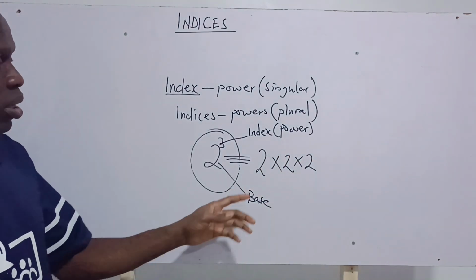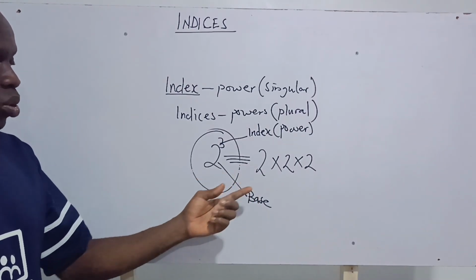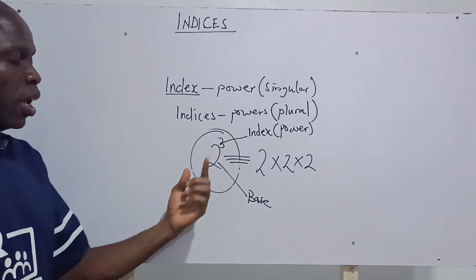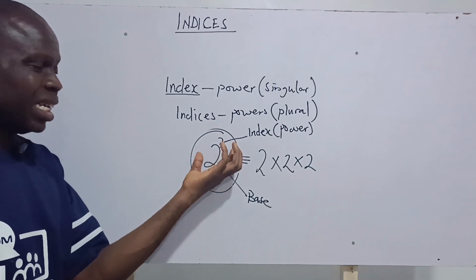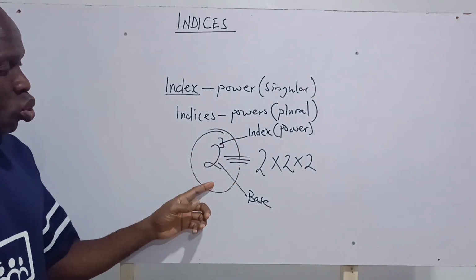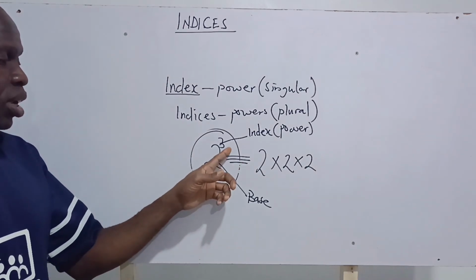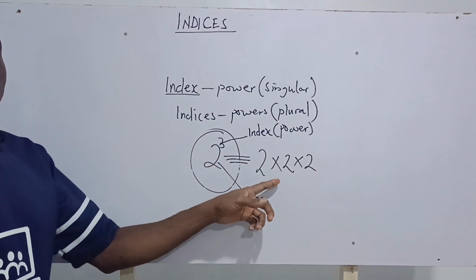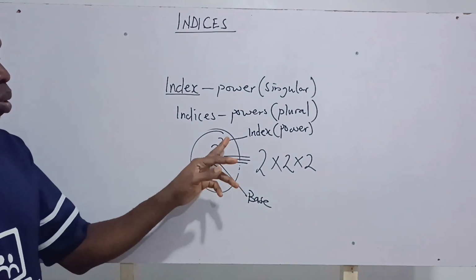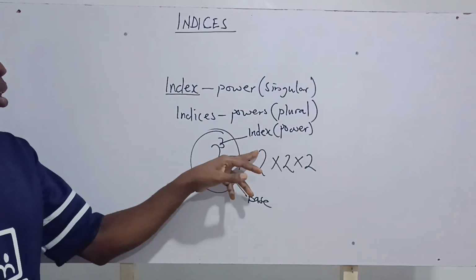That is why it's being referred to as index. So you express this particular number 2 in index form, 2 to the power of 3. It means you multiply 2 in 3 places. So 2 is the base, while 3 is the index or the power.